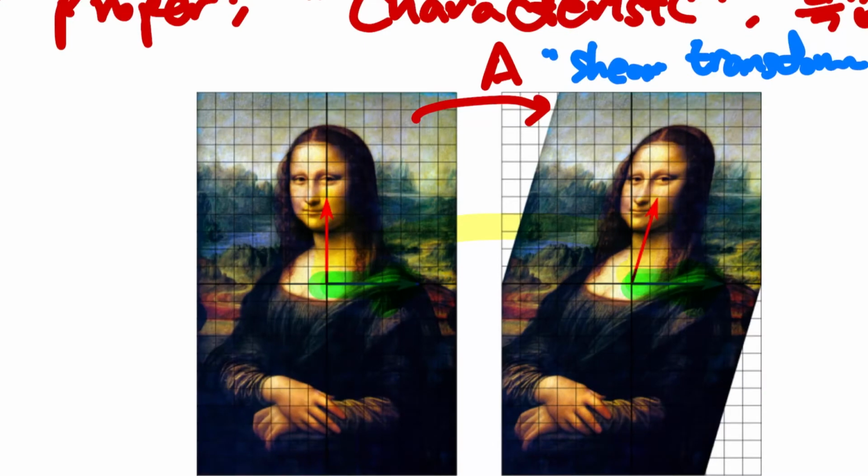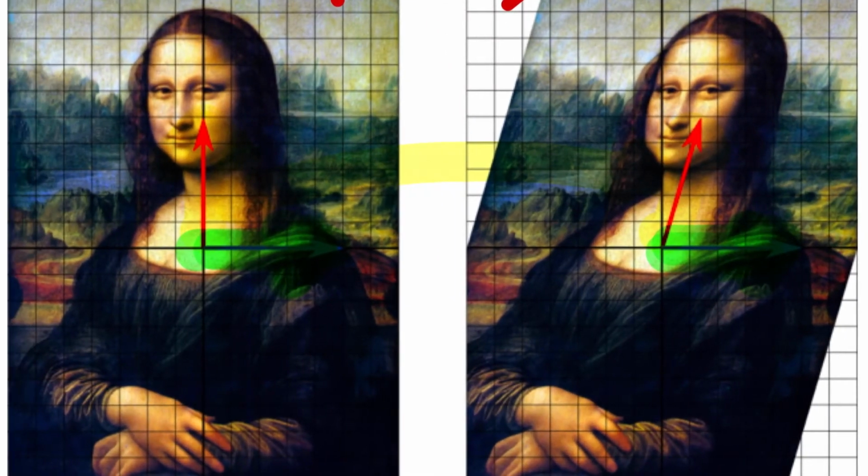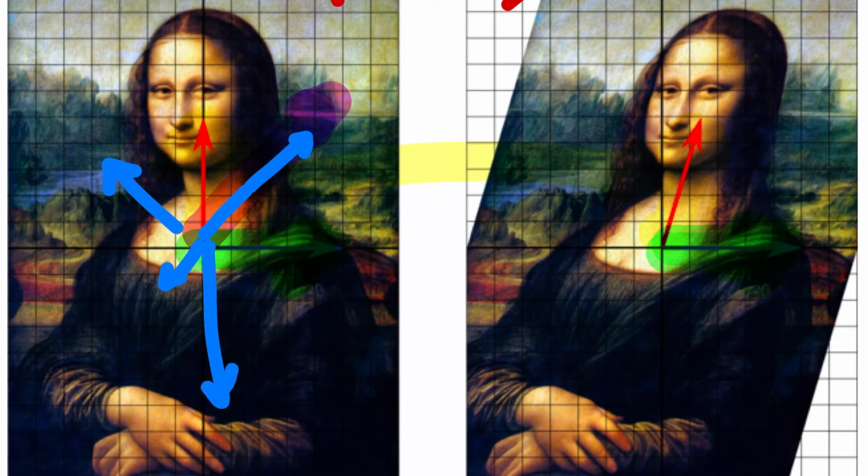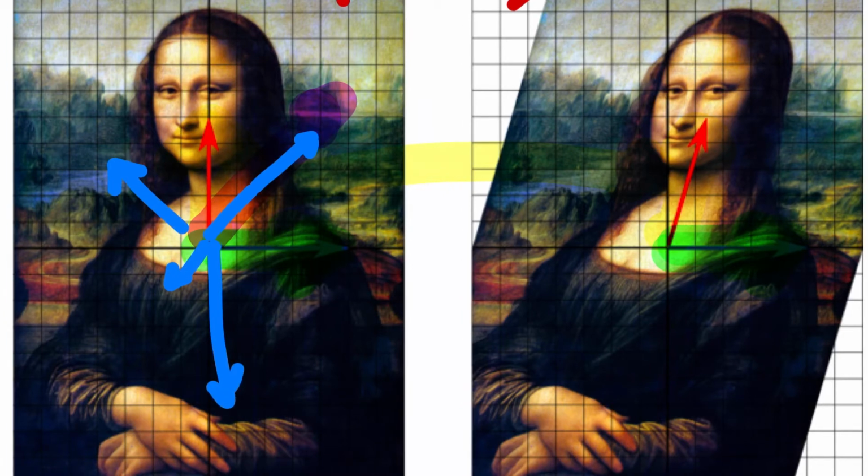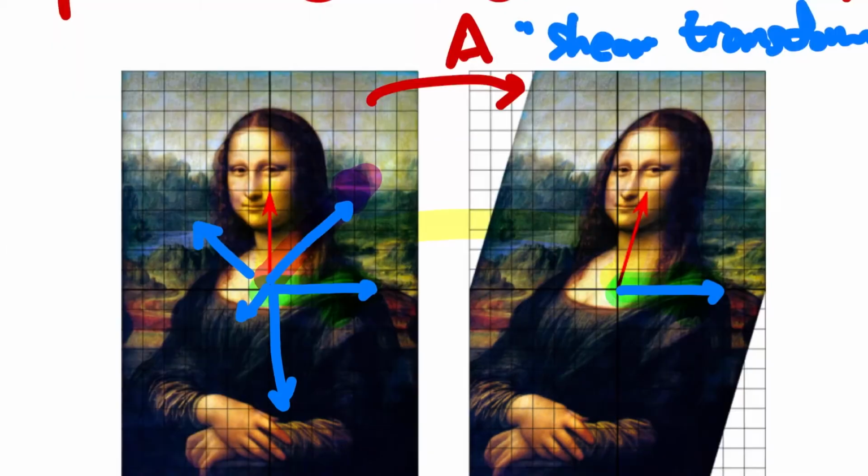In other words, there are so many vectors in the input space, but this vector determines the characteristic of this transformation.